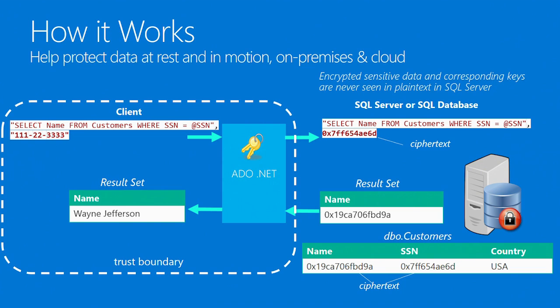And as you can see, this magic happens in the ADO.NET client or the ODBC driver or the JDBC driver provided by Microsoft. The client drivers have access to the certificates and the keys necessary to encrypt and decrypt the data, but the database doesn't. So this allows you to build applications that are secure, as well as ensuring the data stored in the database is secure.